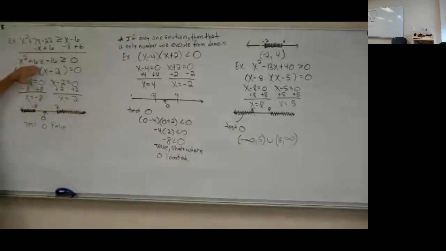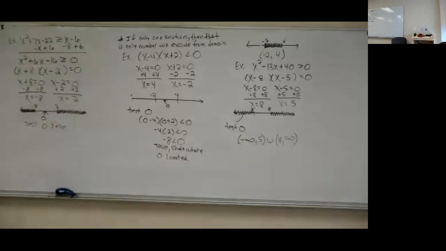If you were to graph this, x squared plus 6x minus 16, since that was greater than, anywhere the graph is above the x-axis would be the intervals we're finding. Anything below the x-axis would be the false parts. So on this one, it would be above the x-axis on the ends, but this part between -8 and 2 would be below, which makes it false.